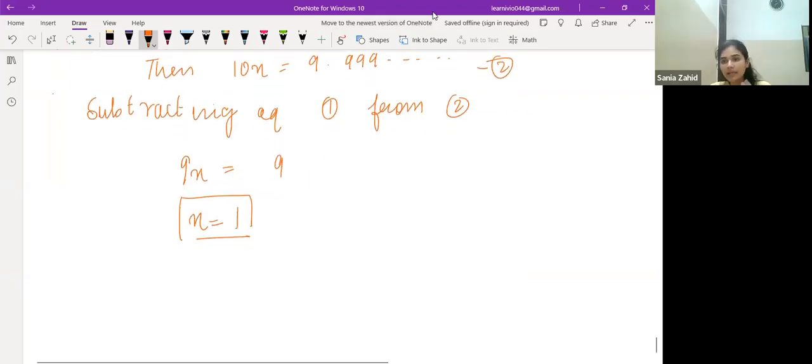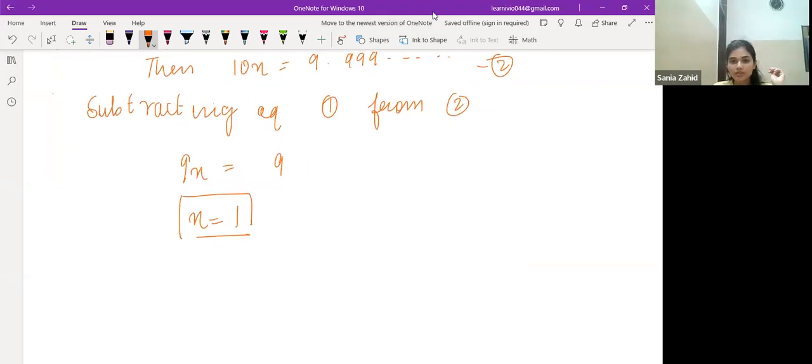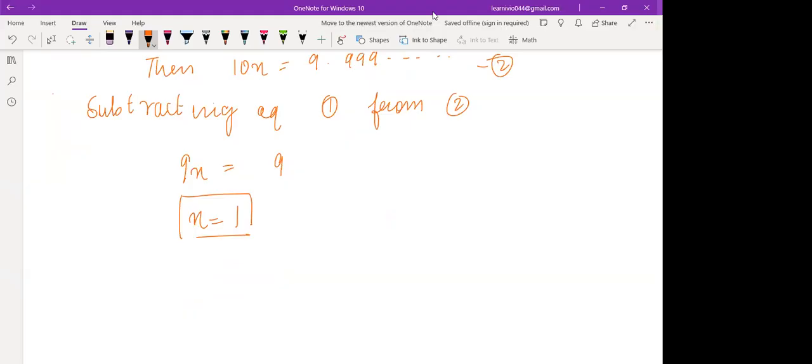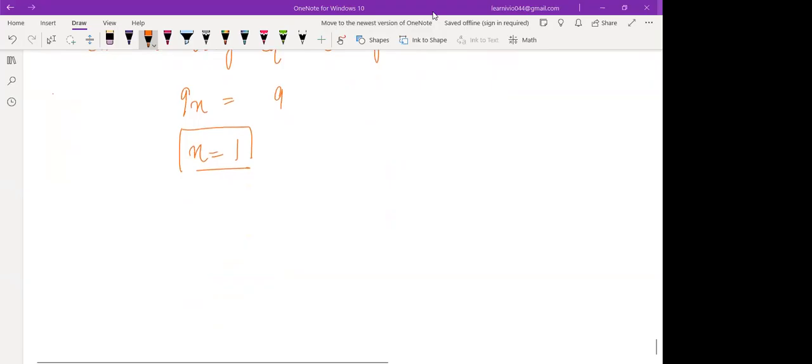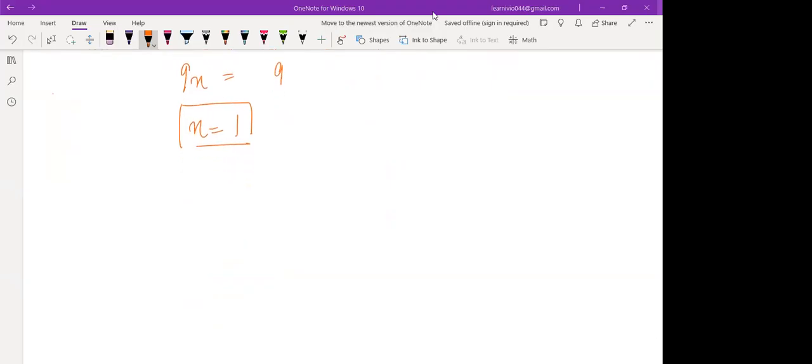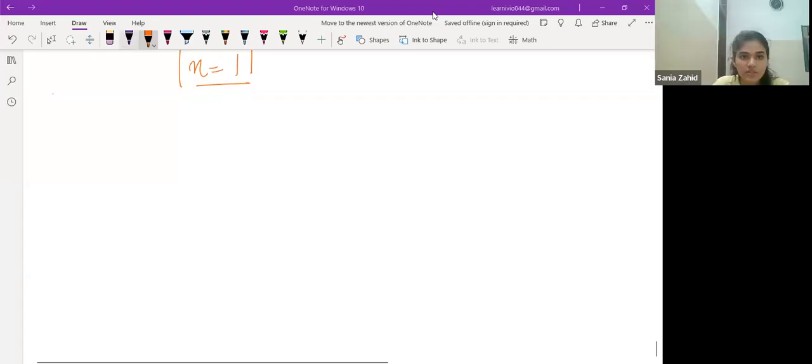Now, can you tell me, is 1 a rational number or not? Yes, ma'am. Okay, fine. So what happens over here? This was only the question that you have to represent it in the form of a rational number. So we know 1 is also a rational number. Thus, we are getting 1. That's correct. Now next question, children.